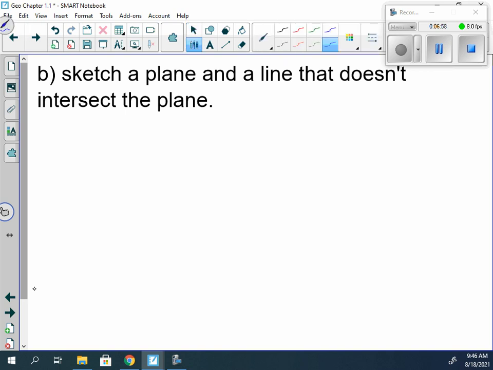Okay, here we go. Try this one. Sketch a plane and a line that does not intersect the plane. I'll help you all, because we'll need a plane. Intersect shares 1 or more points, yes?